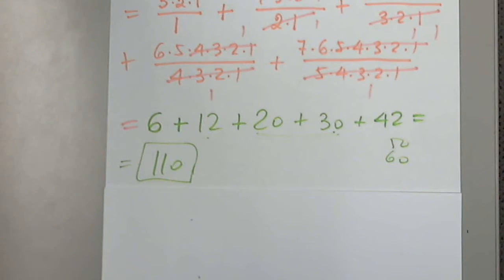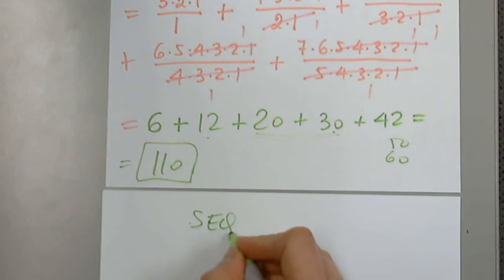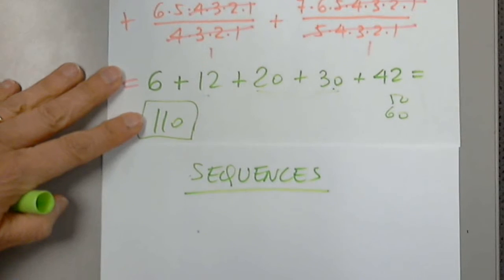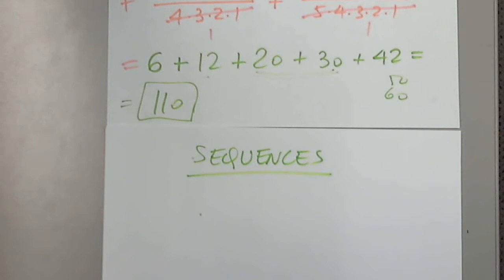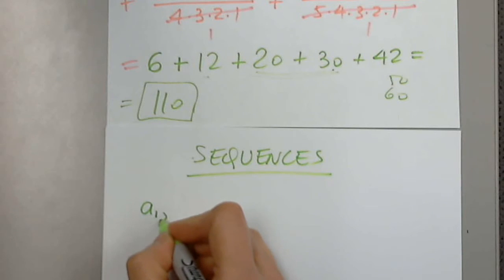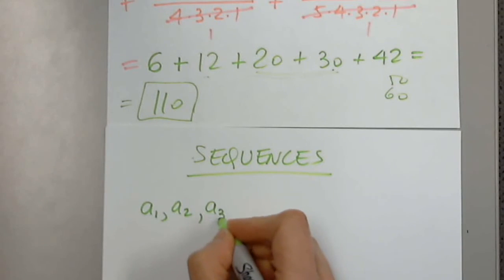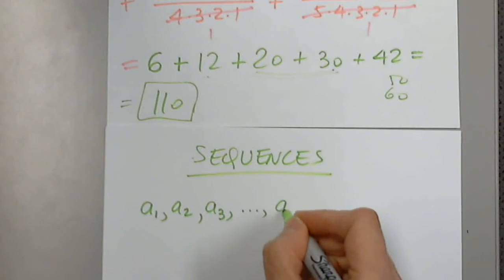Okay, last topic. Sequences. So what is a sequence? It's a list of numbers. A1 is the first number, A2 is the second one, and A3, dot, dot, dot, AN.